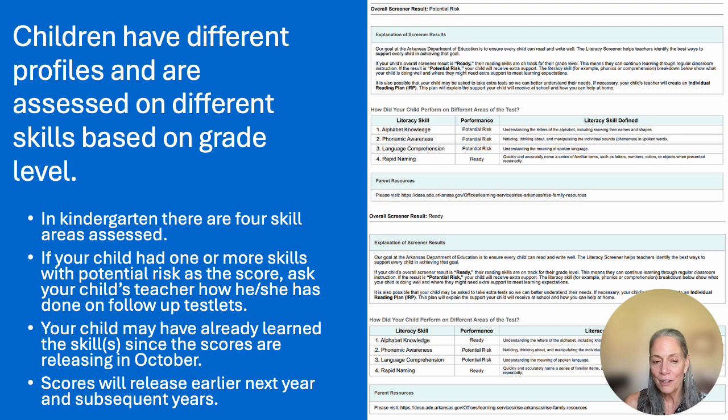But because this year they're released later, an area that is potential risk from the screener taken in August or September may already be an area that your child has demonstrated the skills, because they were probably learning along the way. So that's important information to get from your child's teacher.